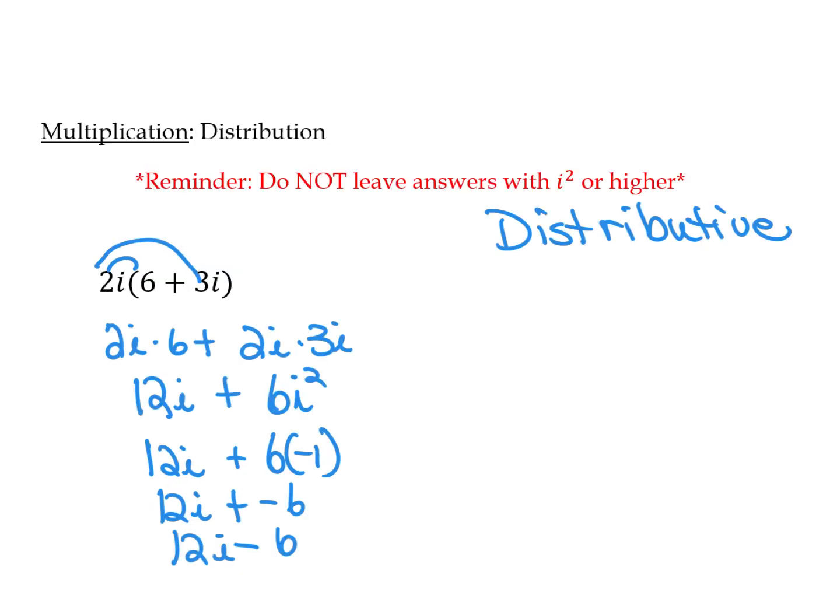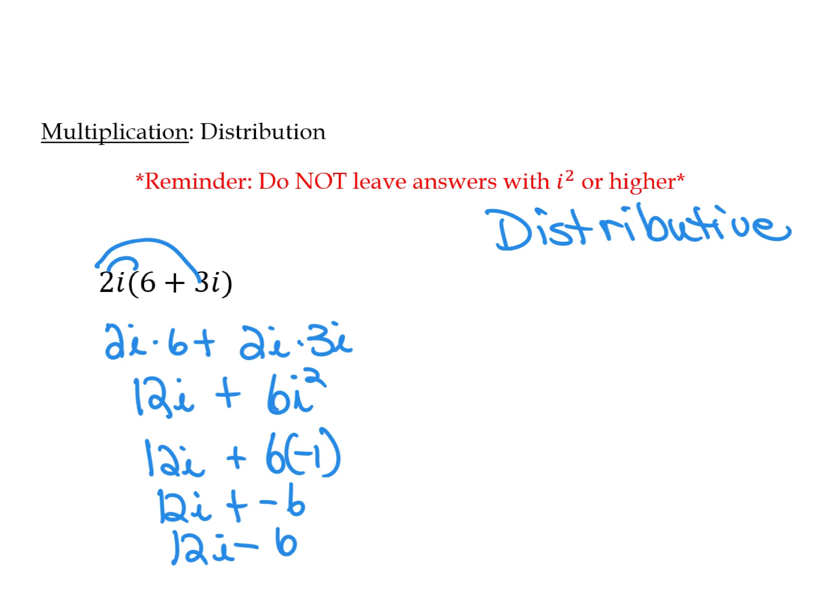All right, on this example, we are multiplying using the distributive property. We always want to make sure that we remember that we never leave answers with i squared or higher in a problem. So we are going to distribute 2i times 6, which would equal 12i, 2i times 3i, which is 6i squared.